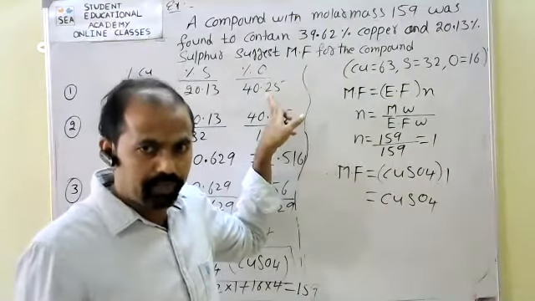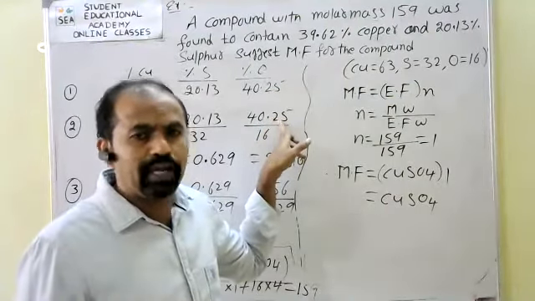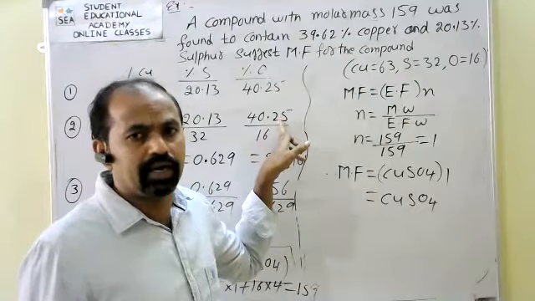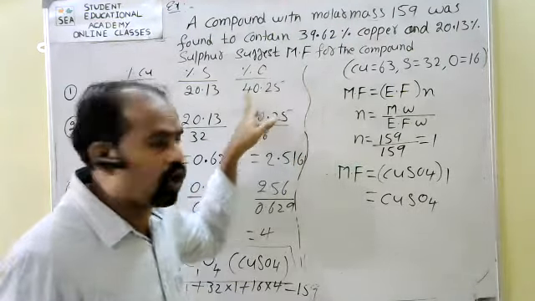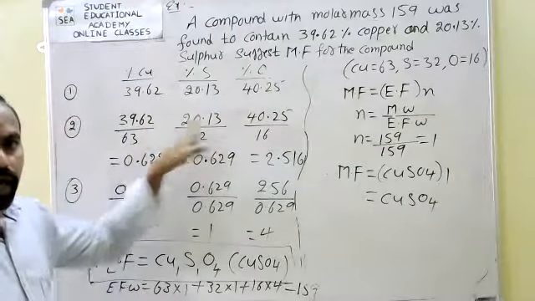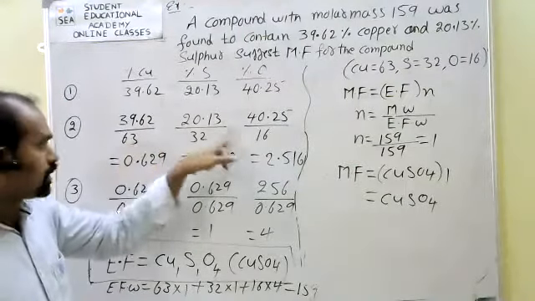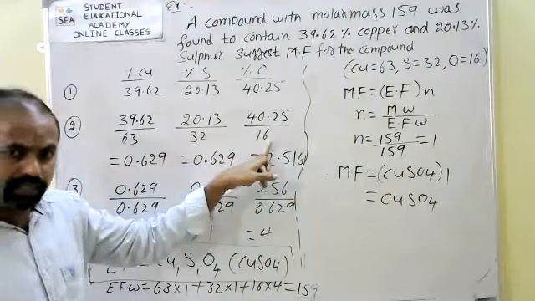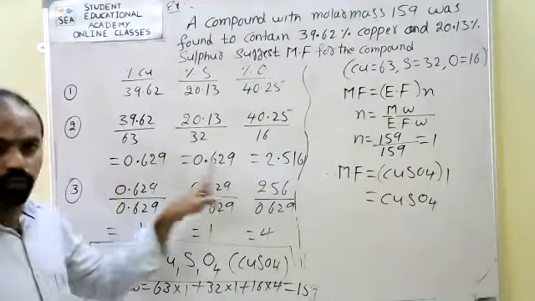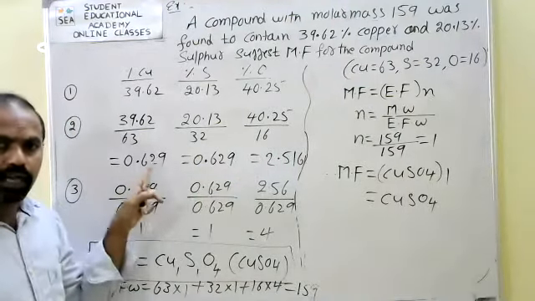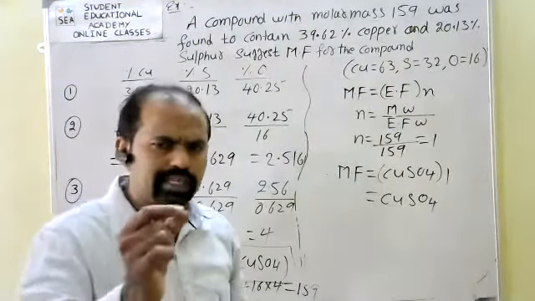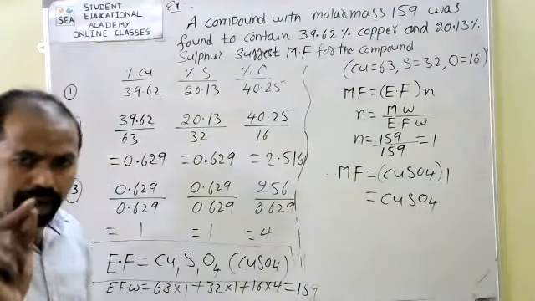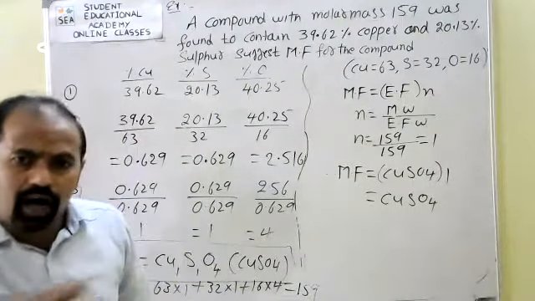That is step 1. Step 2, find out the number of moles. That is nothing but the given percentage divided by its atomic mass. Here I have divided by the corresponding element atomic masses. We get some values. Step 3, out of these numbers of moles, take the smallest number, and by using that number divide all values.